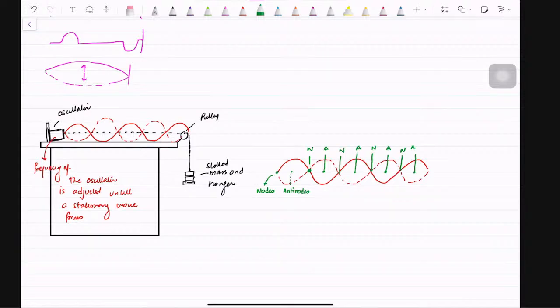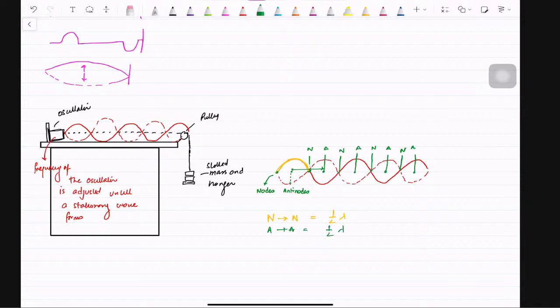Now if you look at the wave, you might realize that the distance from one node to another is just half lambda, right? Same goes if you look at antinode to antinode. So antinode to antinode is also half lambda.